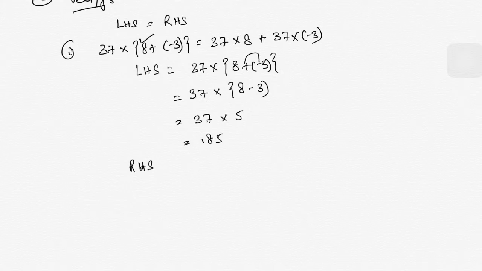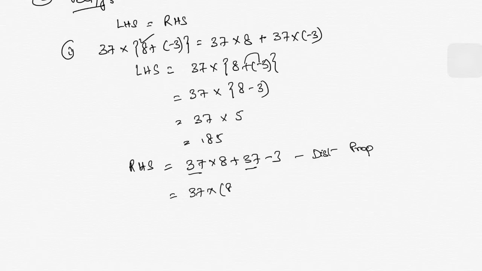Now let's see the right hand side. Right hand side is 37 into 8 plus 37 into minus 3. Now this is the distributive property. So you need to take 37 common into 8 minus 3. Now 37 into 8 minus 3 is 5, which is 185.